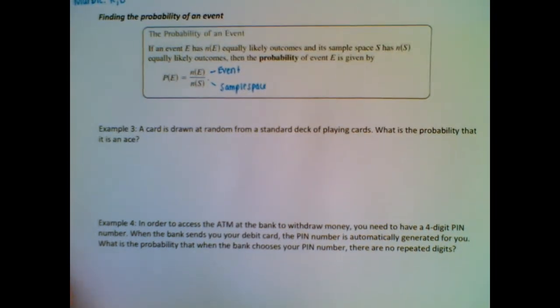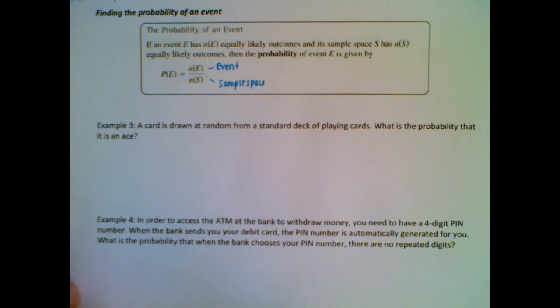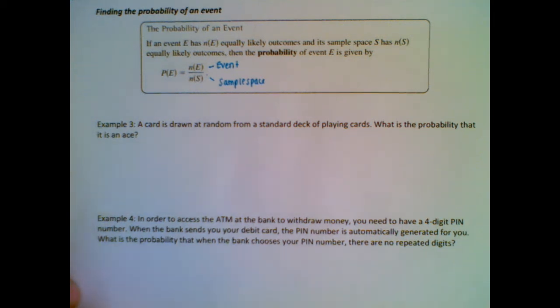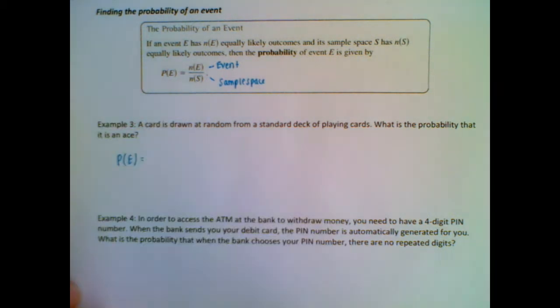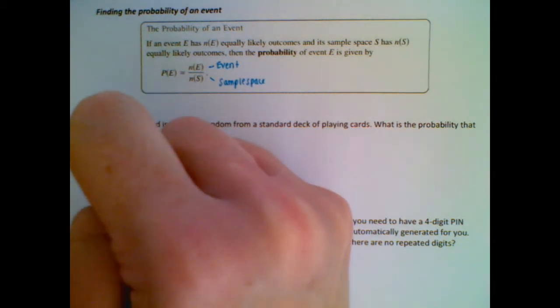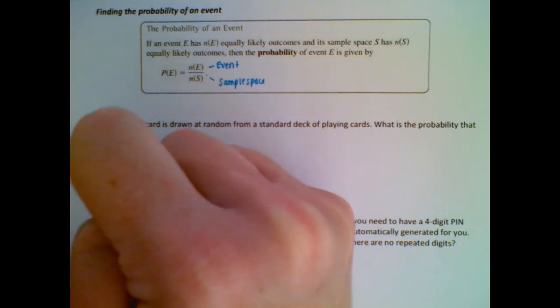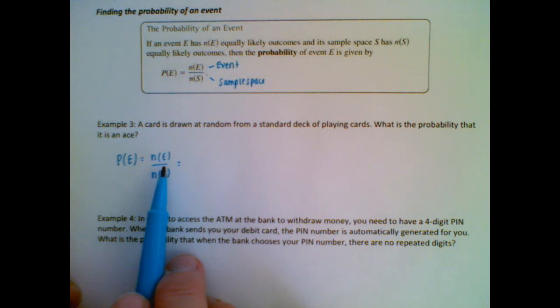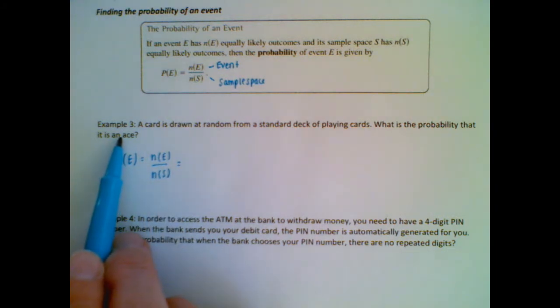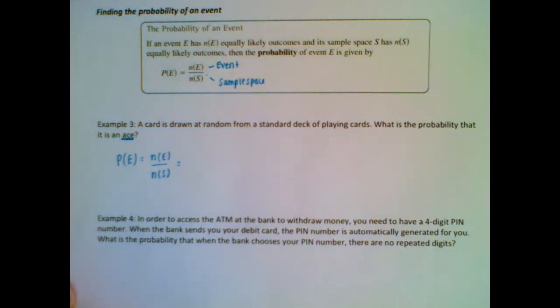All right, so let's take a look at a basic example. Example 3 is asking us, a card is drawn at random from a standard deck of playing cards. What is the probability that it is an ace? I'm going to set up my probability equation: P(E) equals n(E) divided by n(S). I have to figure out what's what. The event is an ace, because that's what I'm looking for.